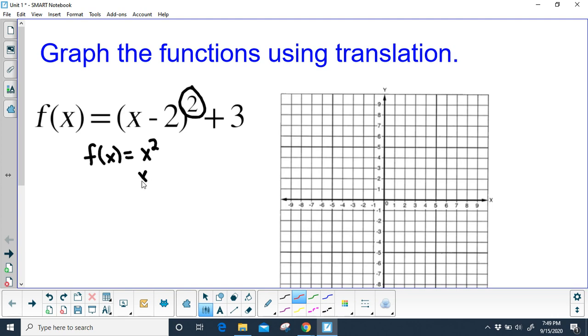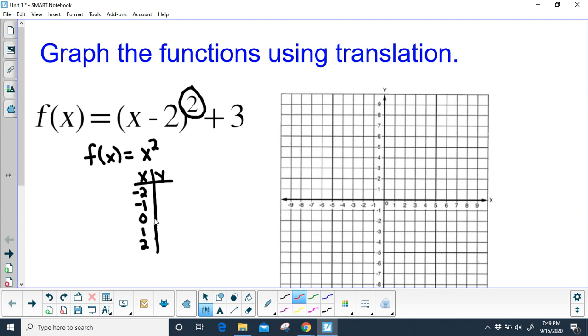If you can't remember all of your points, you can do a table of values. I'm going to show you how you could do a table of values to get the shape of the graph. You get to choose the x values that go into the function. You can square any number.